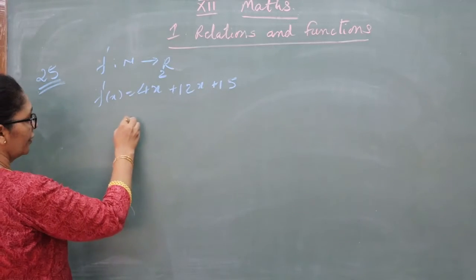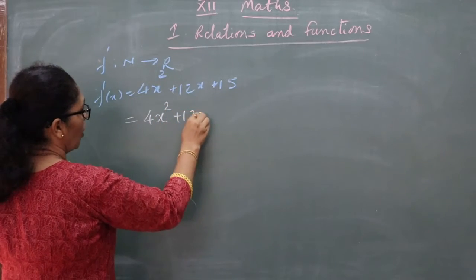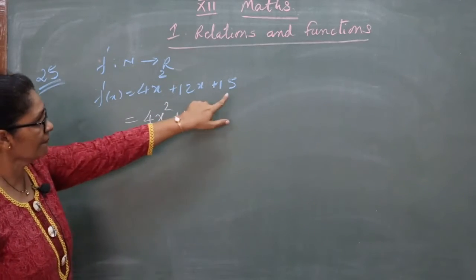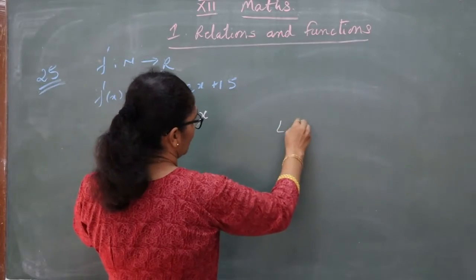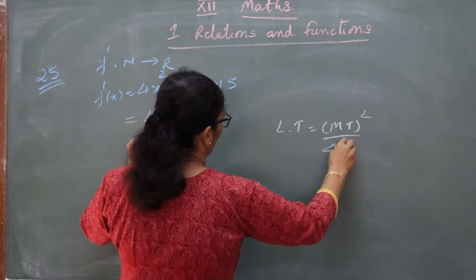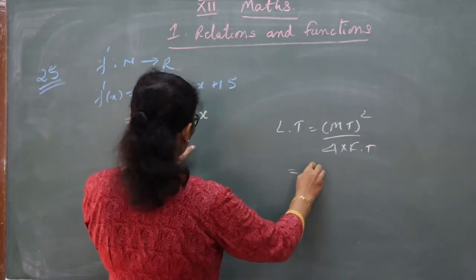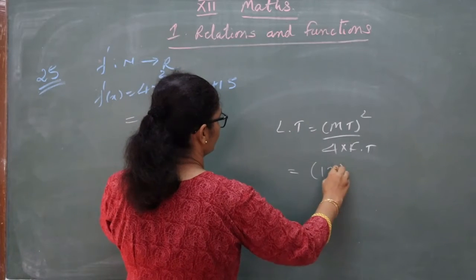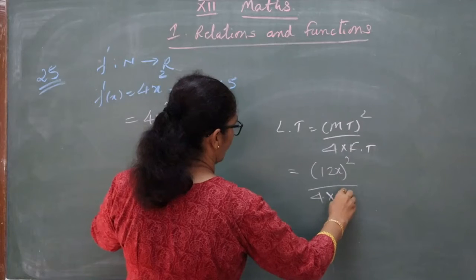Whenever a quadratic is given, we first have to make it a perfect square. So what is the concept for finding the last term? Because we have to set our last term. So last term equals, what is the formula? Middle term square upon 4 into first term. This is our formula. So what is your middle term? 12. What is your first term? That is 4x square.